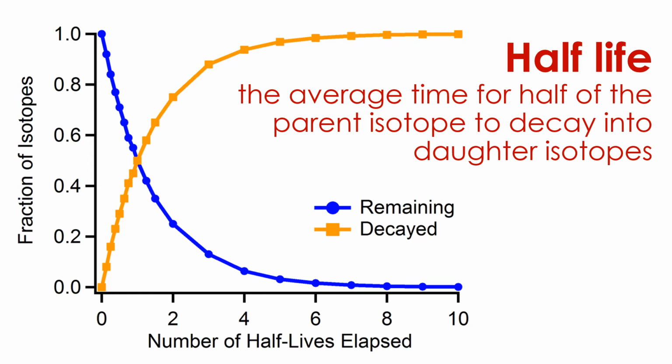As you can see, at time 0, all of the isotopes remain unstable. After one half-life, half, or 50% of the atoms have decayed, and the remaining half, or 50%, remain unstable. After two half-lives, 70% of the isotopes have decayed, and only 25% remain unstable.